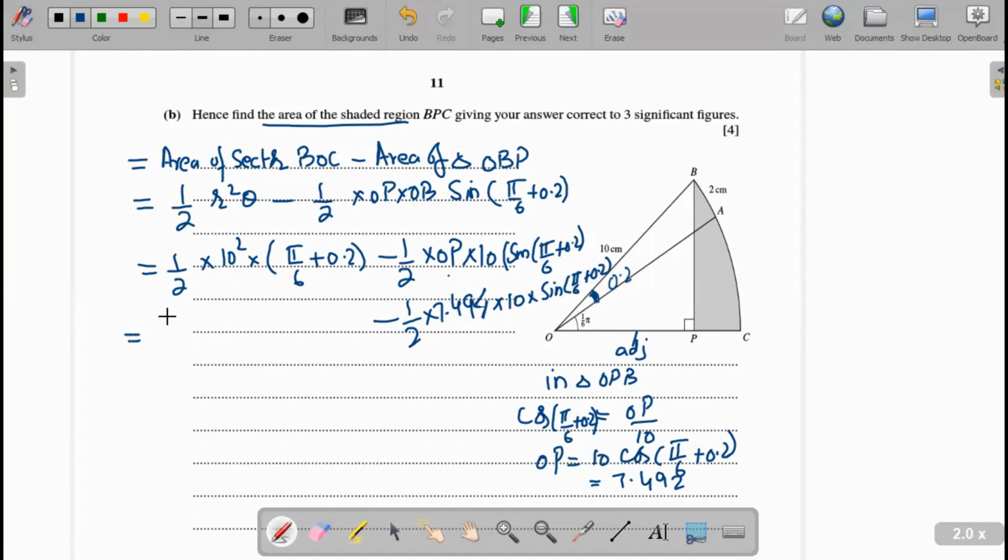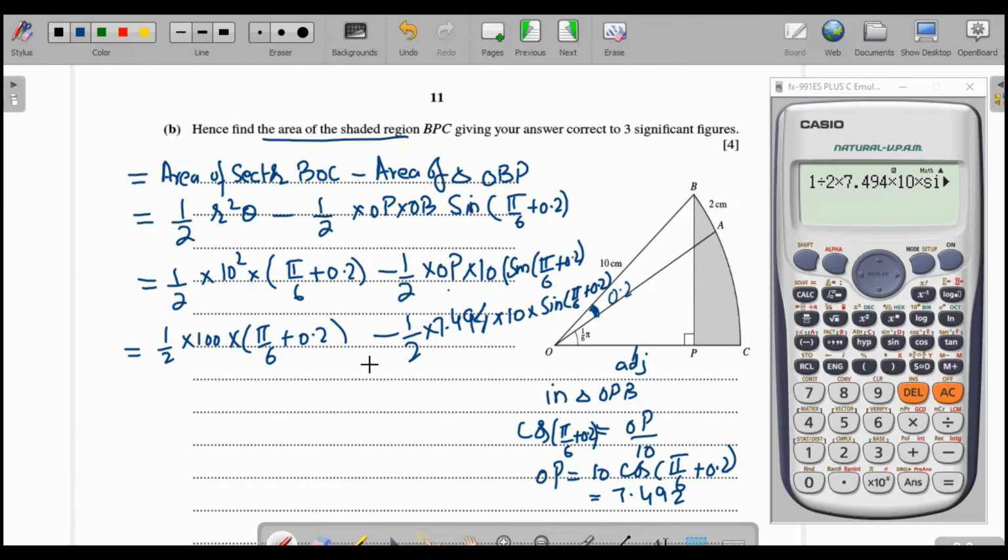Now we write it here: 1 over 2 multiply 100 multiply pi over 6 plus 0.2. Now put the values: 1 over 2 multiply 7.494 multiply 10 multiply sine pi over 6 plus 0.2.